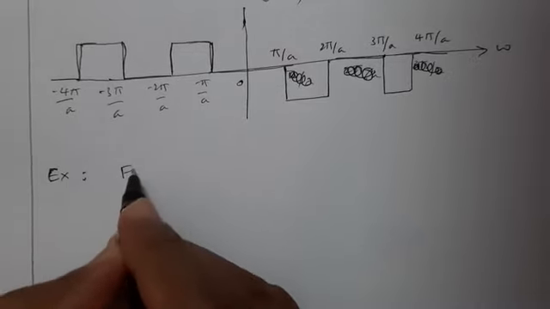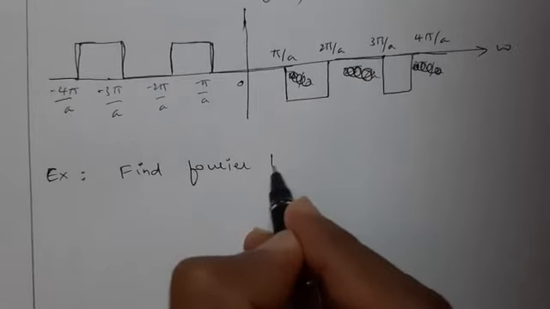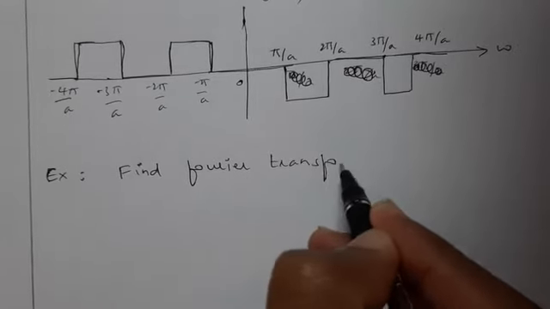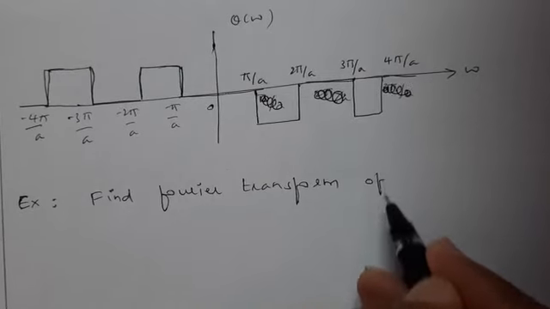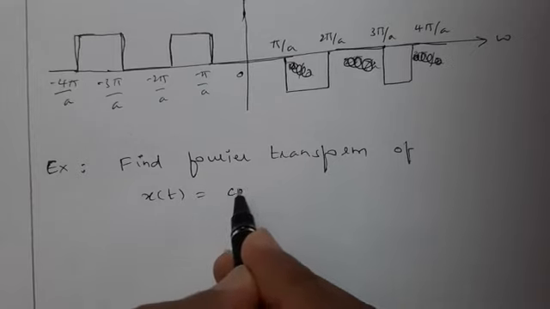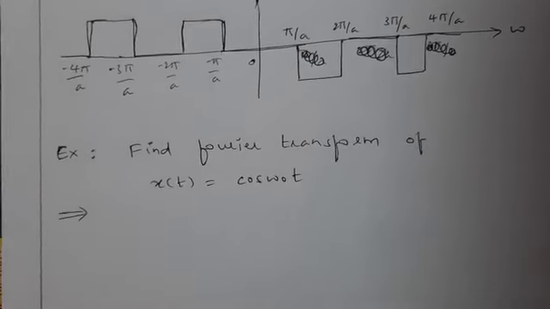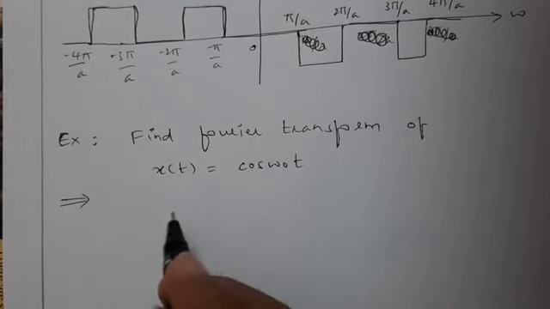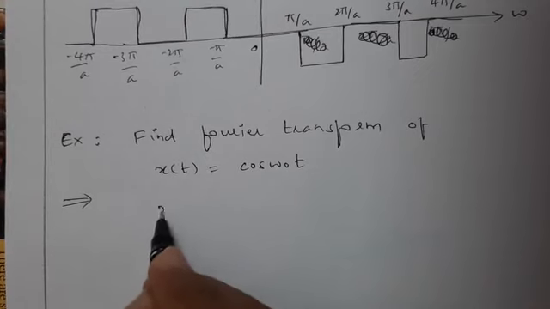Next one, find the Fourier transform of x of t equal to cos of omega naught t. Sometimes you have to use properties to solve such equations.